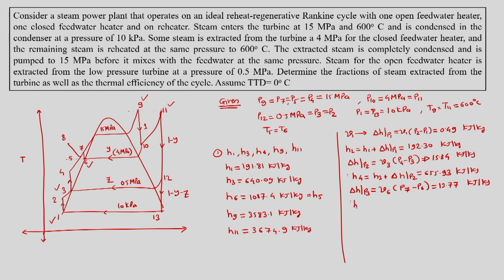Knowing this, we can find out H7, which is H6 plus delta HP3, and so we get H7 as 1101.2 kilojoule per kg.